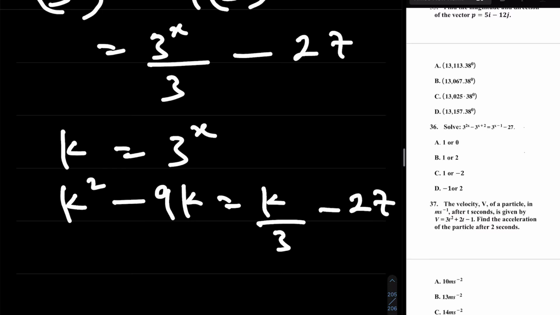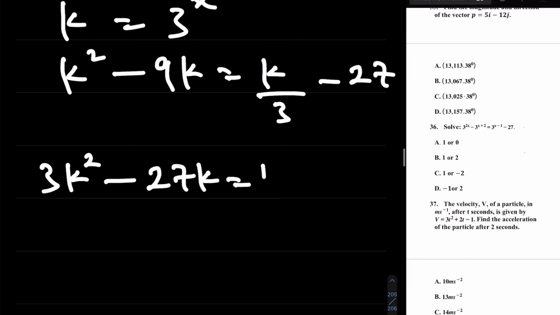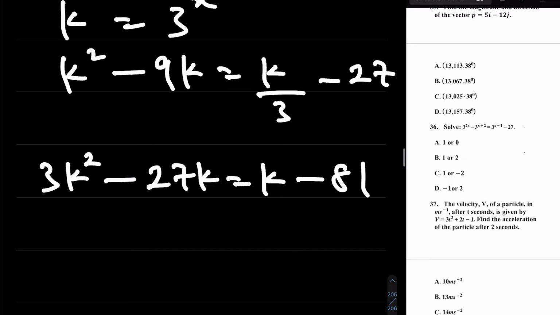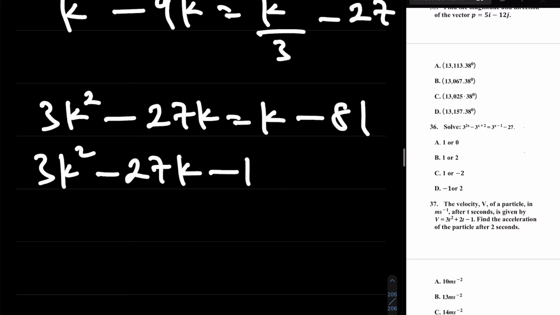Now I'm multiplying through by 3 to clear the fractions, and I'm going to have 3k squared minus 27k equals k minus 3 times 27, which is 81. Now let's bring everything from the right hand side to the left hand side. So that means 3k squared minus 27k minus k.